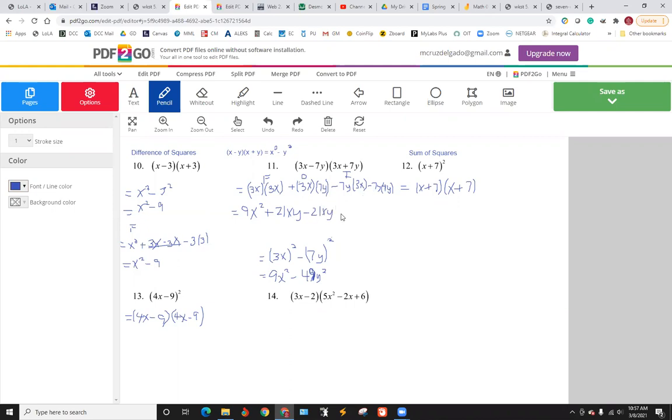And then the last is negative 7 times 7, so that's negative 49y squared. And look what happens. Again, these two are exact opposites, so they take each other out. Canceled out. That's where the term cancel has its true meaning, because they're no longer there. There's nothing there.